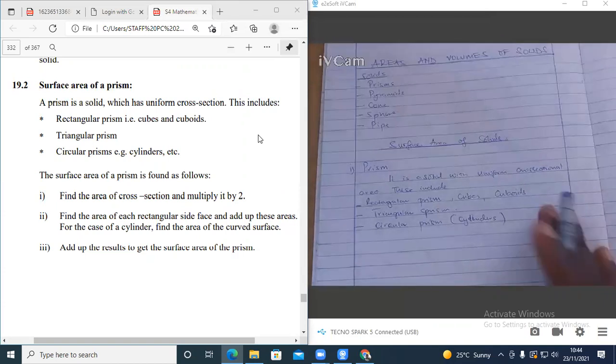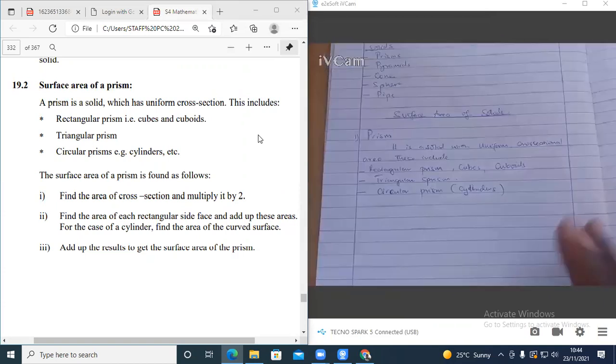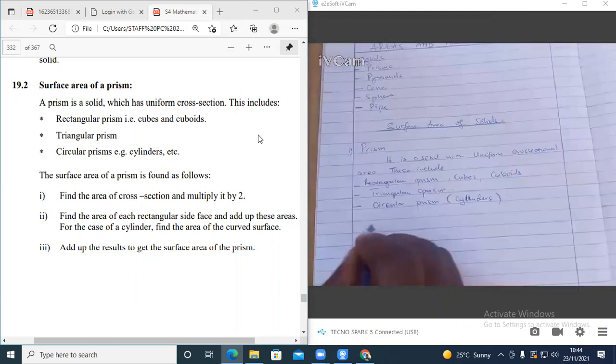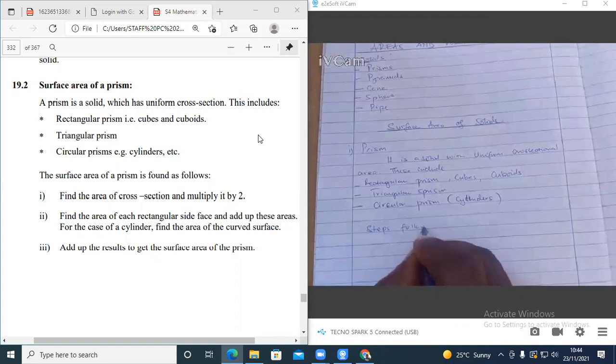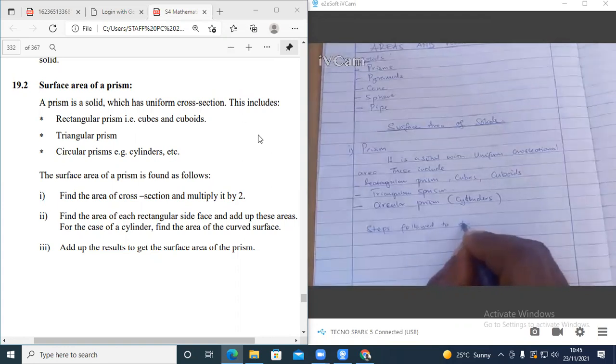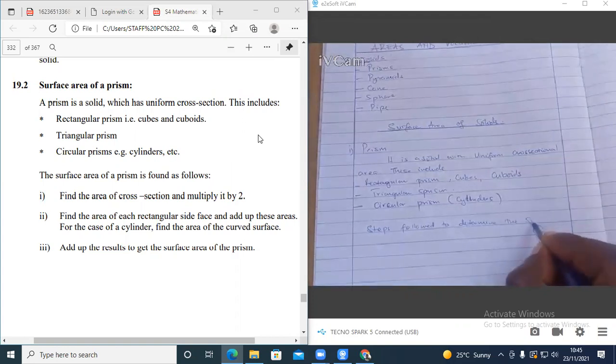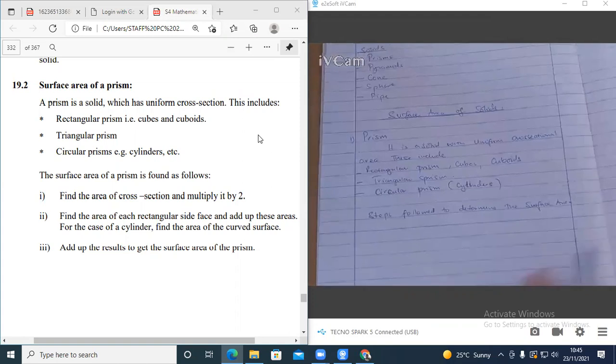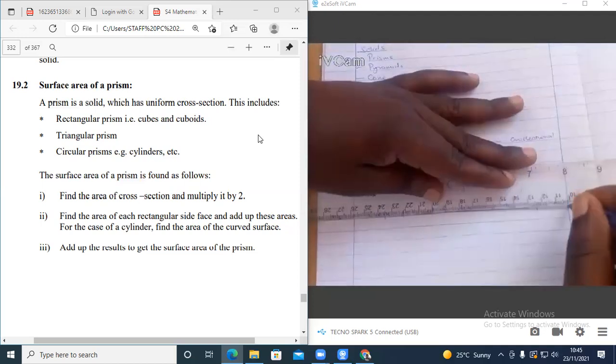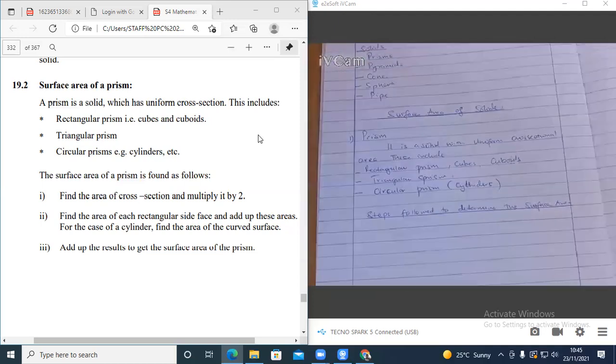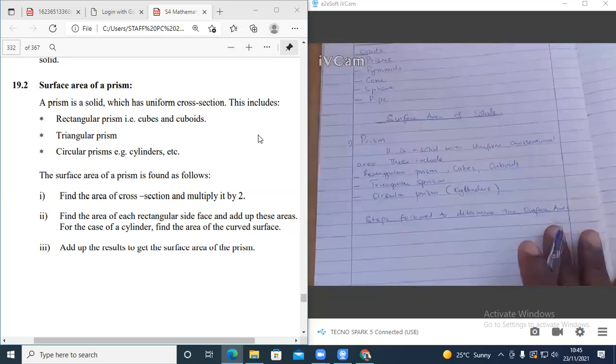Okay, so let us write the steps followed to find the surface area. So what are those steps? Number 1, find the area of the cross section and multiply it by 2.